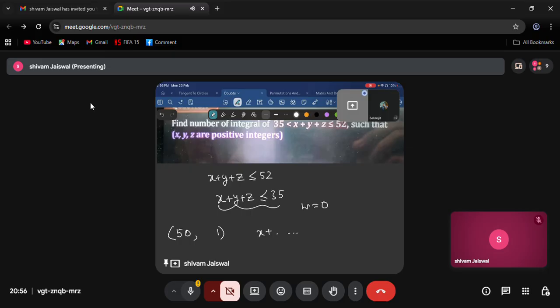Wait a minute. x plus up to x to the power 50. There will be only one polynomial, whole to the power of cube. Over here, we need to find out the coefficient of... There will be a lot of coefficients we need to find out. We need to find out the coefficients of x to the power 36, x to the power 37, and so on.